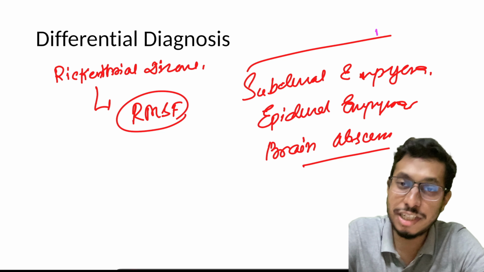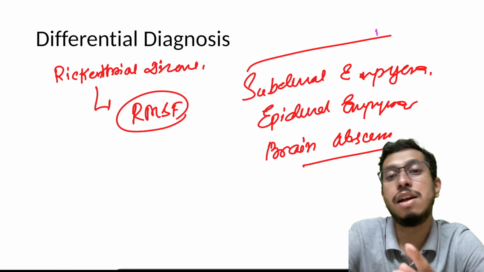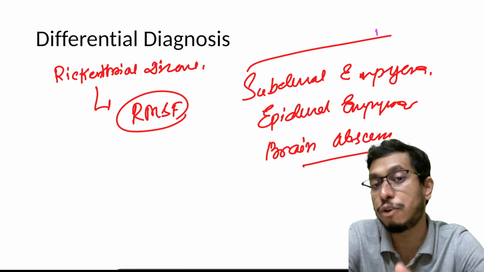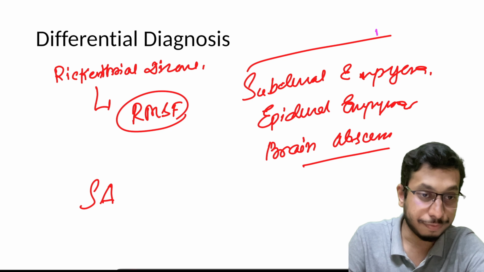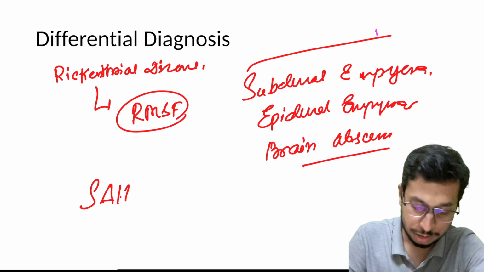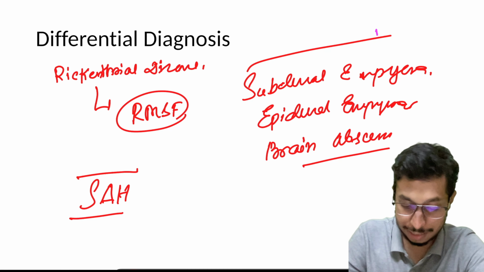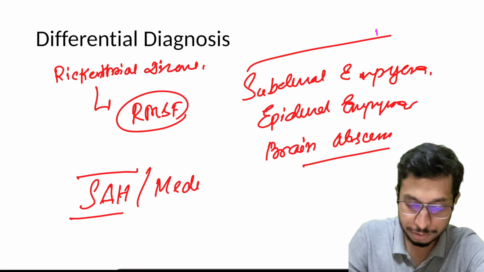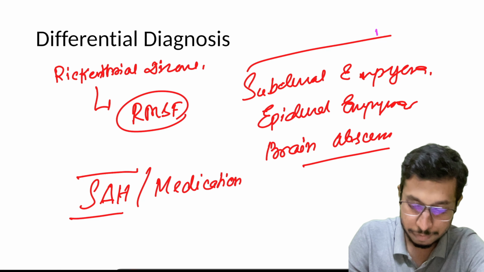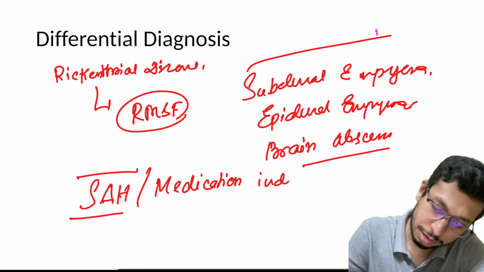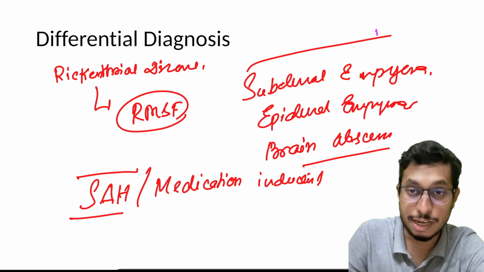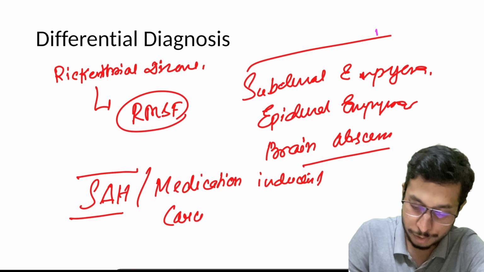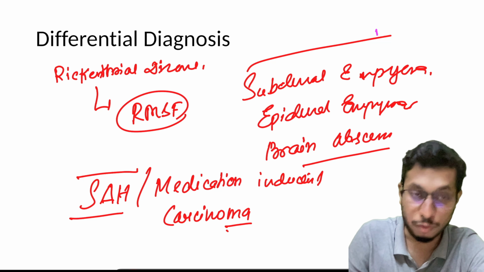Now, non-infectious causes which can mimic acute bacterial meningitis include subarachnoid hemorrhage, then it can be medication-induced causes, or it can be due to carcinoma related causes too. Carcinoma related causes. Okay.